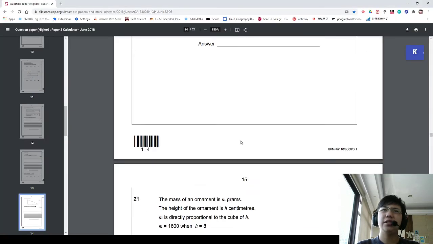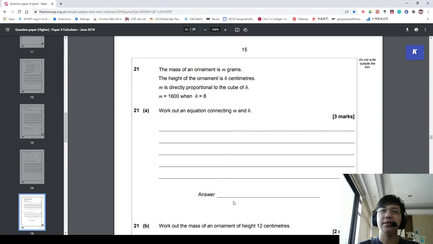Moving on to question 21. The mass of an ornament is m grams. The height of the ornament is h centimeters. m is directly proportional to the cube of h. Work out an equation connecting m and h.